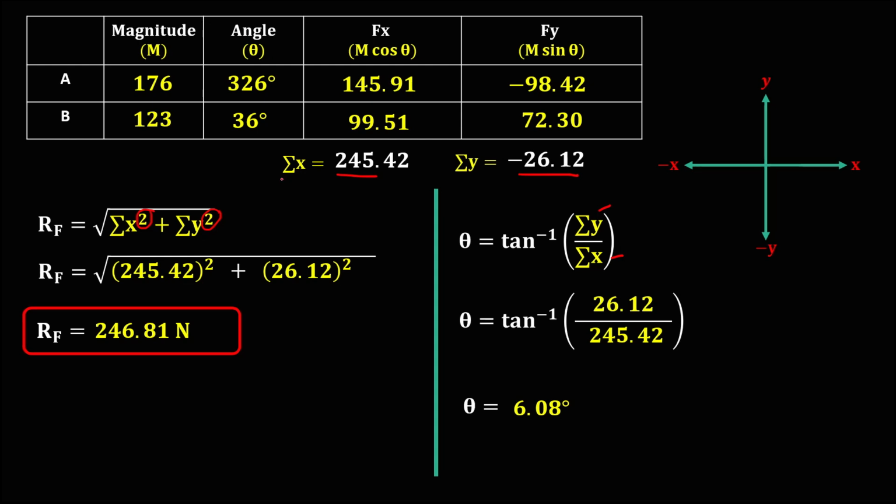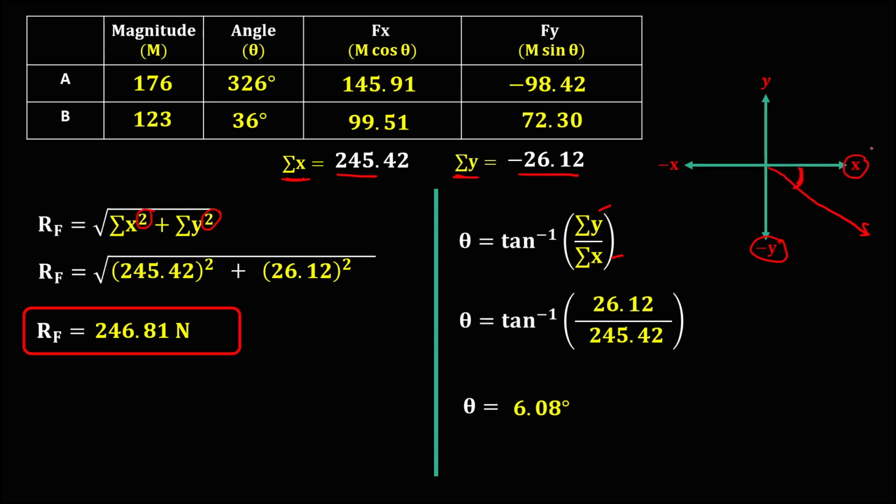Then this time to find now the direction of the angle, observe from this Cartesian plane. Since the summation of x is positive, this one is positive, and the summation of y is negative, so this one is negative. Therefore, the resultant vector lies on this quadrant. And take note that the angle is always measured from the x-axis.